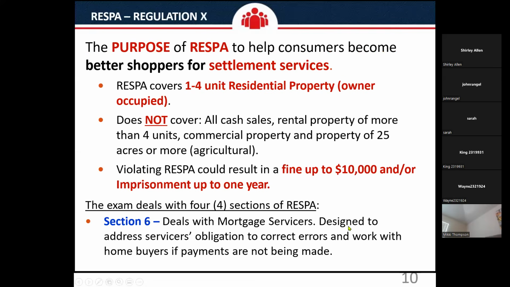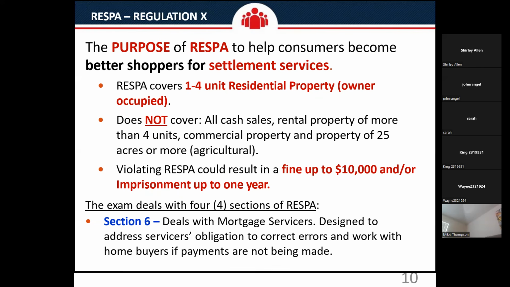Basically, we're going to talk about the purpose of these laws that you need to know. Not only will we talk about the purpose of laws like RESPA and TILA, you need to know what they do, but you also need to know how they work together with each other, because sometimes the students were not able to put that together. So the purpose of RESPA is to help consumers become better shoppers for settlement services. RESPA covers a 1 to 4 unit owner-occupied residential property.